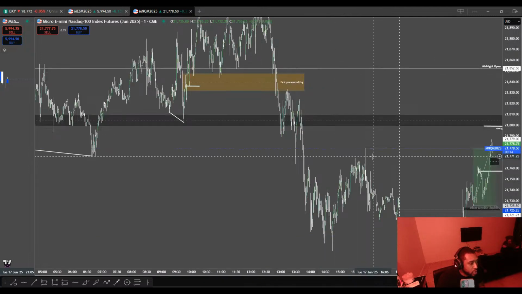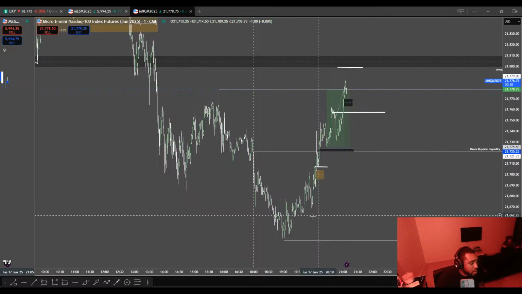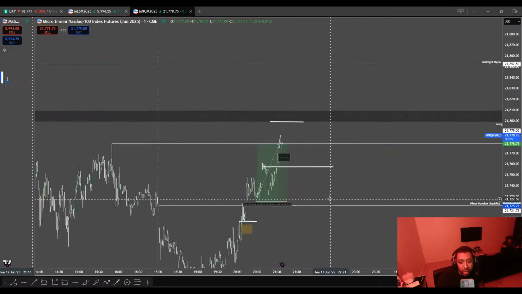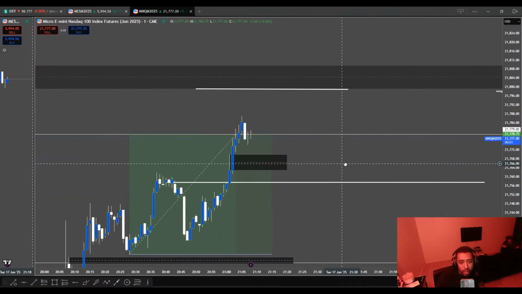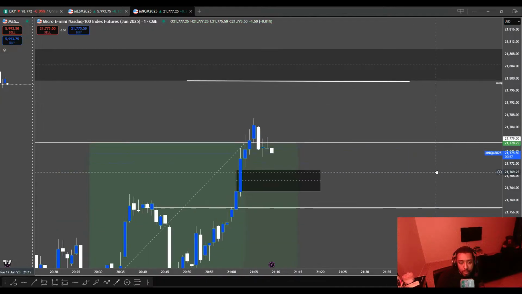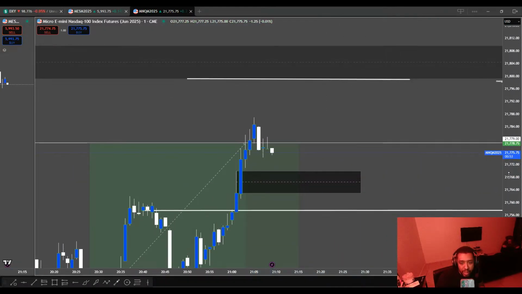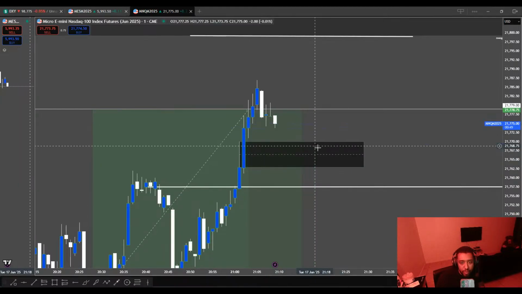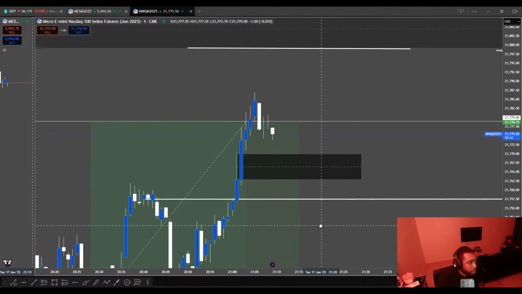I'm not really a swing trader, but sometimes you want to put a swing trade on. So let's see what happens when it comes to this level. Remember, same thing: you want the upper half to hold support, the lower half to not get touched, and leave it as a breakaway.